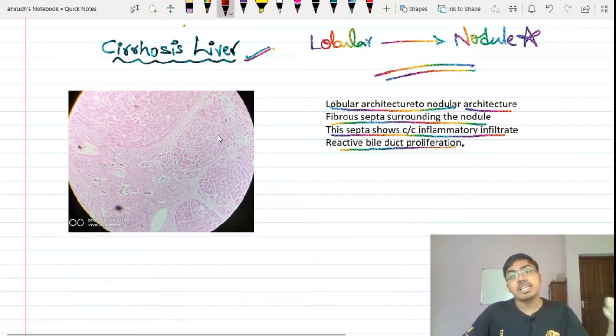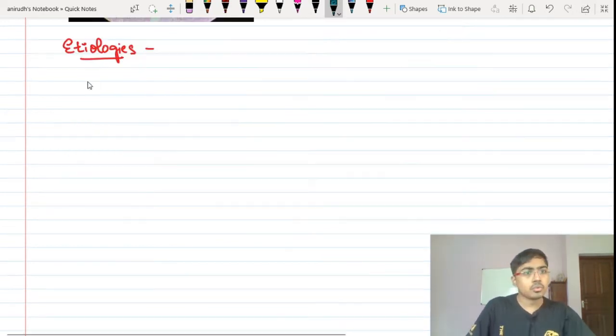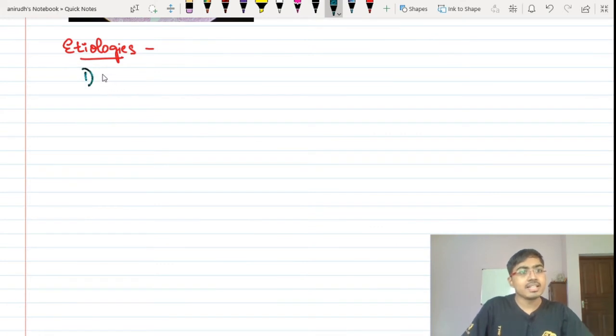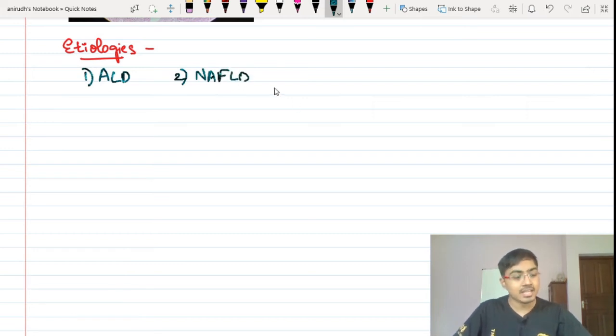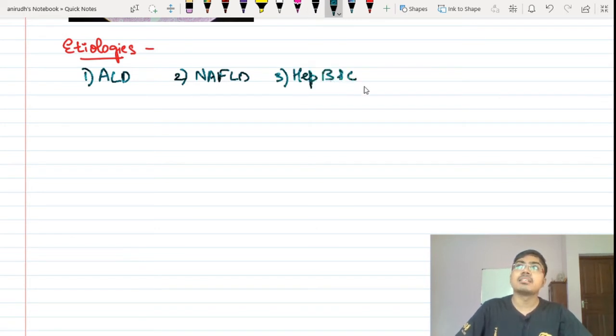Now let us talk about the etiologies of cirrhosis liver. So you can talk about etiologies like alcoholic liver disease, right? Non-alcoholic fatty liver disease. This is an example. Now the third one can be viral hepatitis, hepatitis B and C. Remember, A and E are those kind of diseases which are acute, and these are chronic, right?